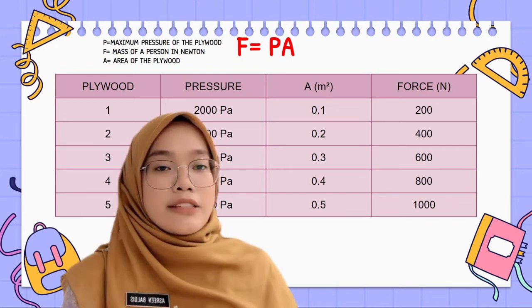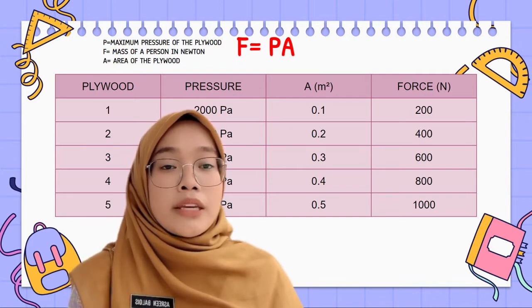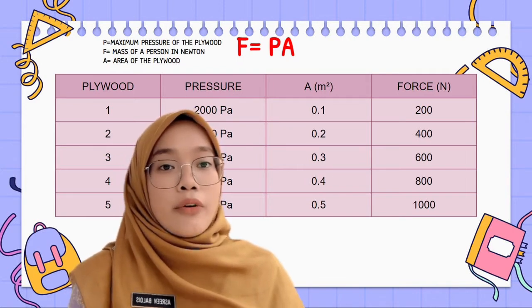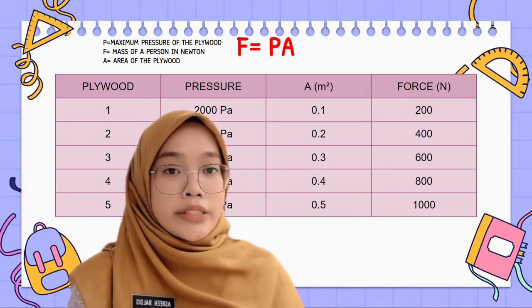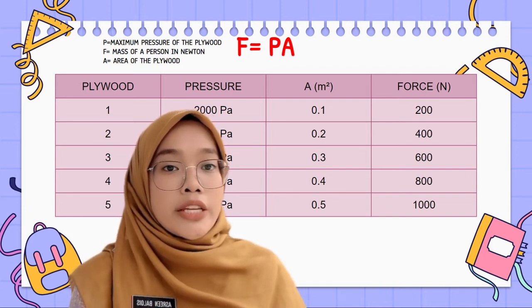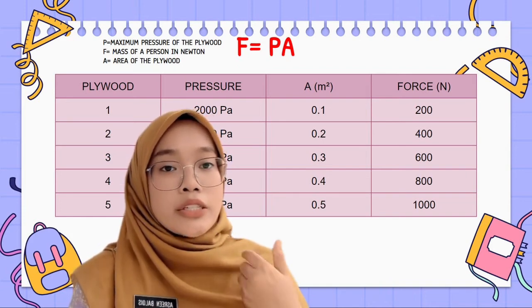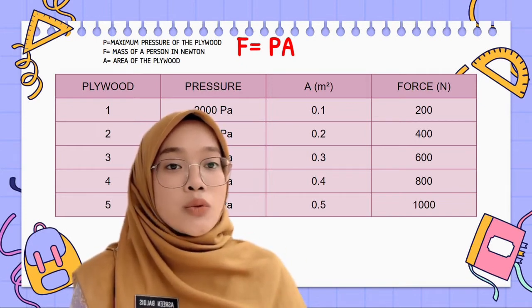To get this data, we are going to use the formula F equals PA. The force is what we are going to find. P is the constant value, and A is the area that we changed, which is 0.1, 0.2, 0.3, 0.4, and 0.5 meters squared.